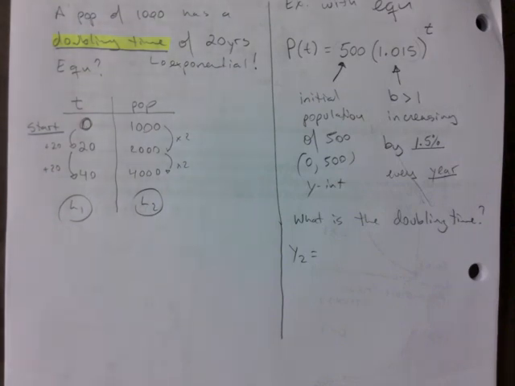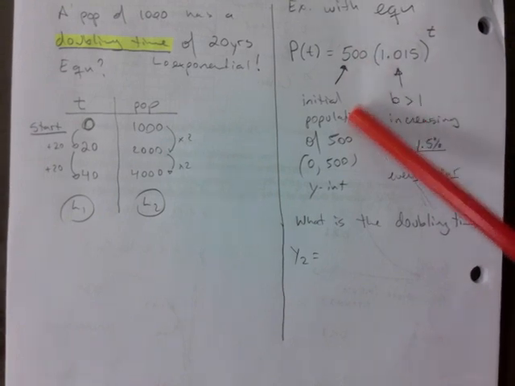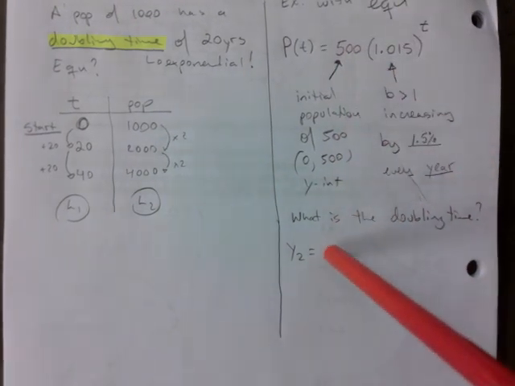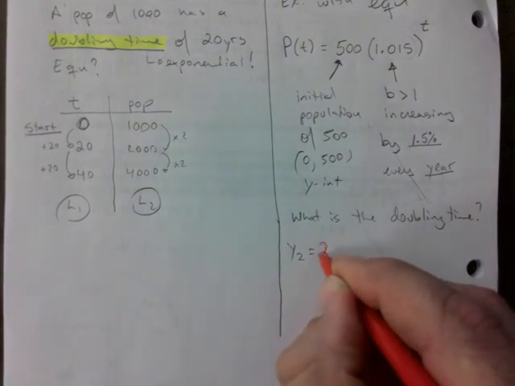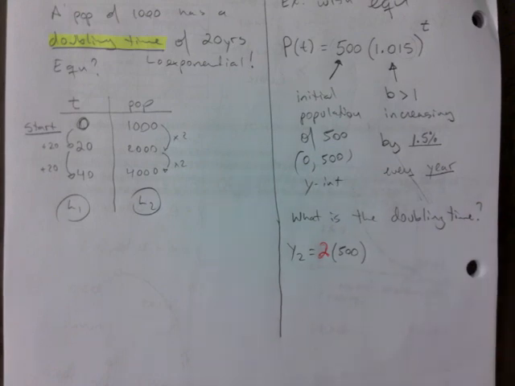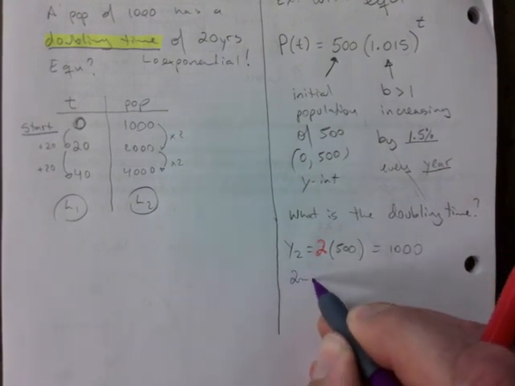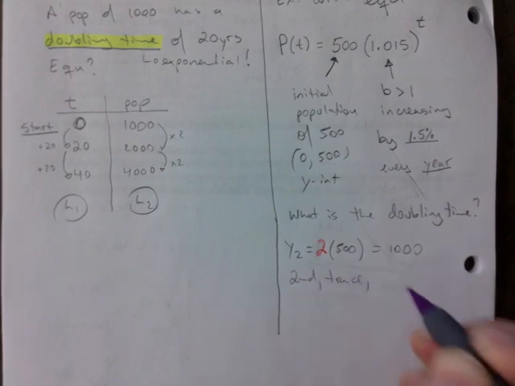Yeah, go ahead. What did you start with? 500? So whatever this is, you double it and you plug it in here. So this would be 2 times 500. That's 1,000. And then you're going to go second, trace, intersect.